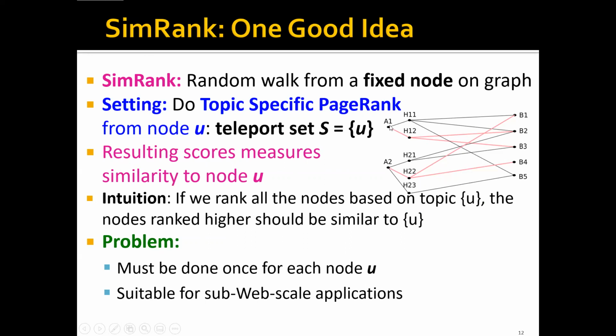But if you want to compute the SimRank for node A2, you need to perform the algorithm all over again. So this is very computationally inefficient. Therefore, it is only suited for sub web scale applications. For full web scale applications, it's computationally prohibitive.